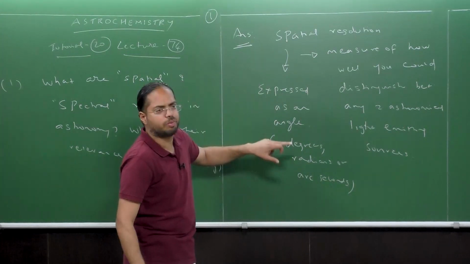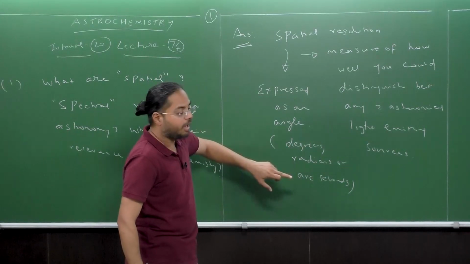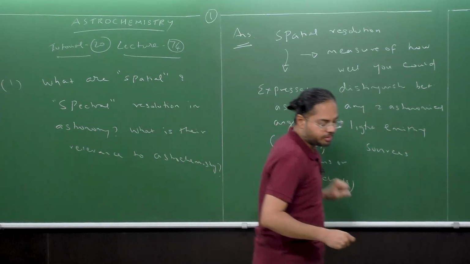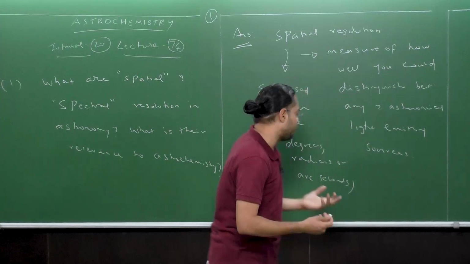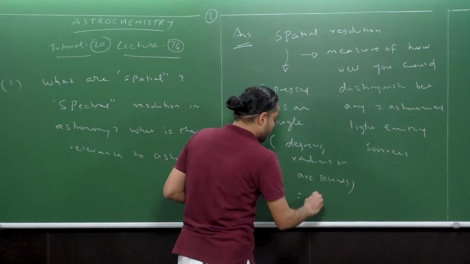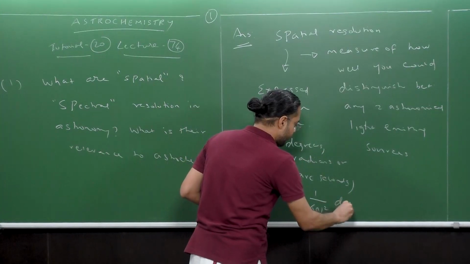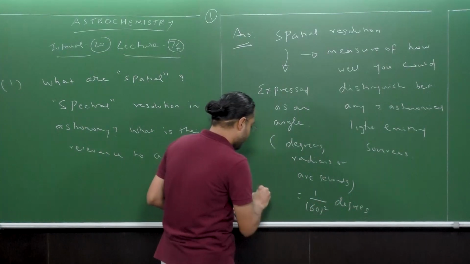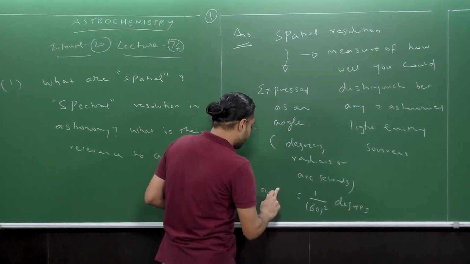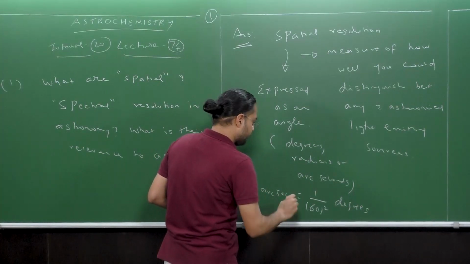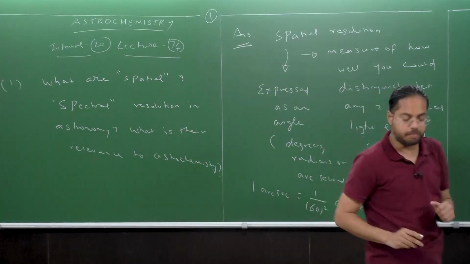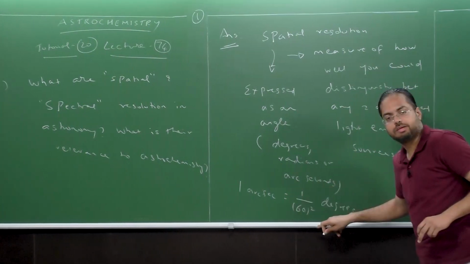So pi radians is equal to 180 degrees, and we also have this measure in arc seconds. The arc second is approximately 1/60 of 1/60 of a degree, that is 1/3600 degrees, for 1 arc sec. This is how the connection between arc seconds and degrees is established.